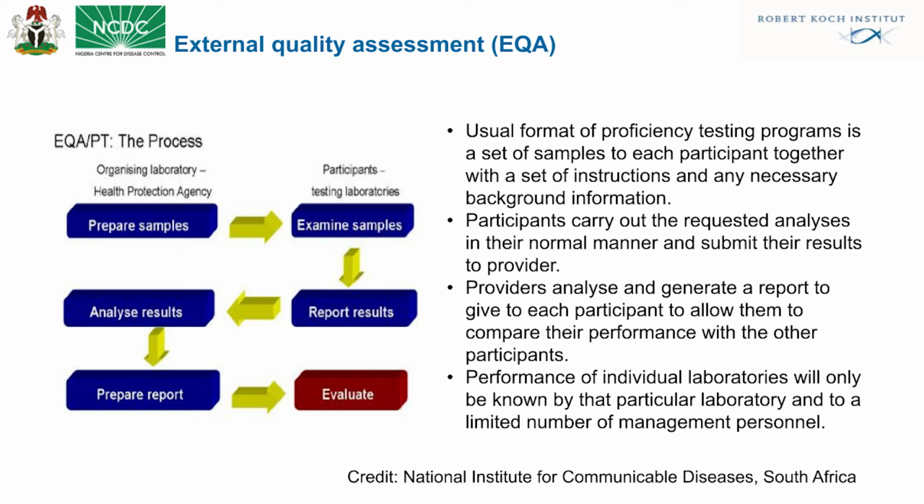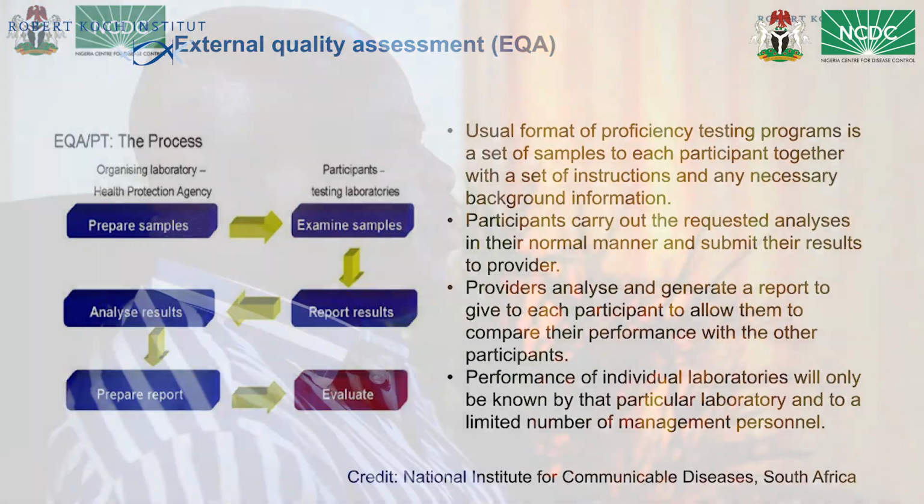That is, prepare your sample very well, and examine the samples at the analytical stage. After examination, you report your results, and they go to analysis, and you prepare your results and they go for evaluation.